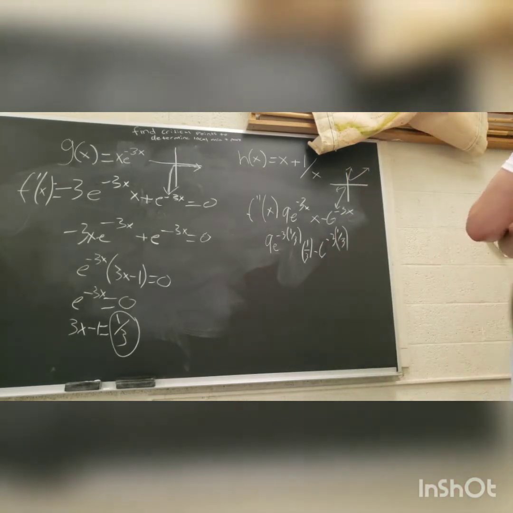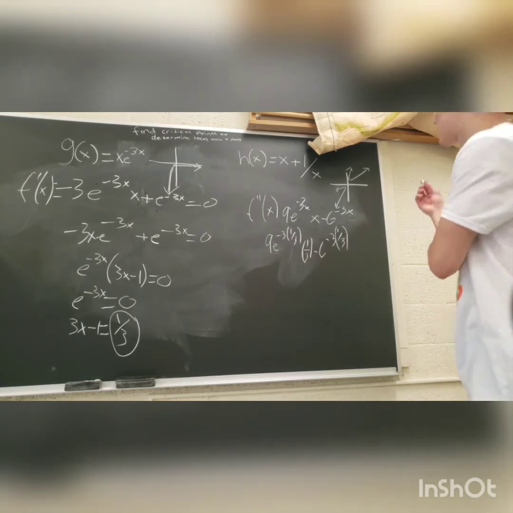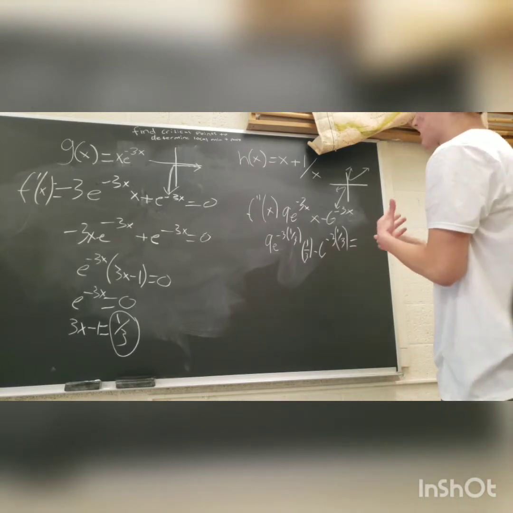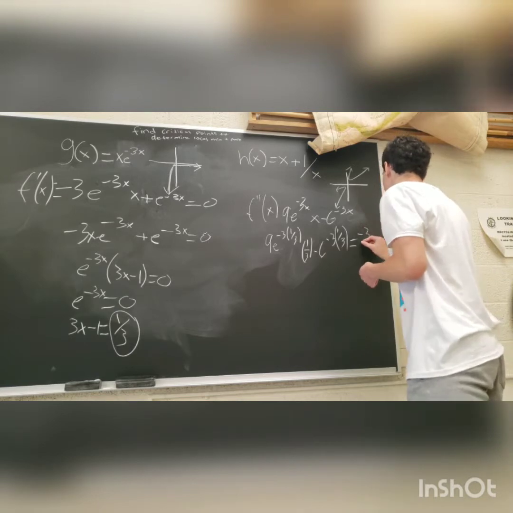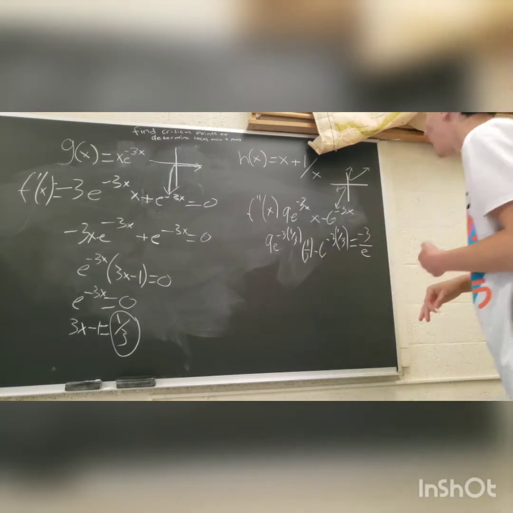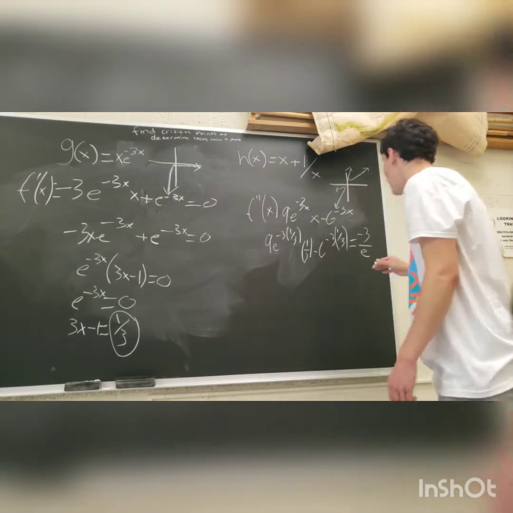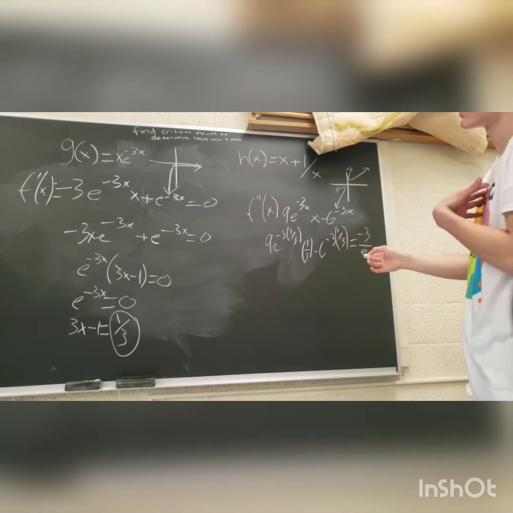Now, once you do that, once you math it out and distribute, you can plug it into your calculator, either one. You get negative 3 over e. And once you get negative 3 over e, you know this is a local max because it is negative. This is called the second derivative test.